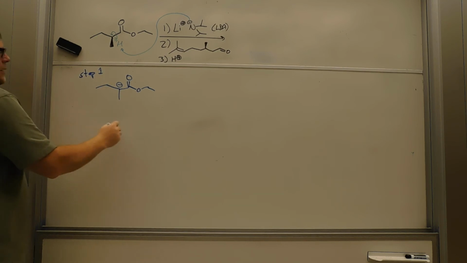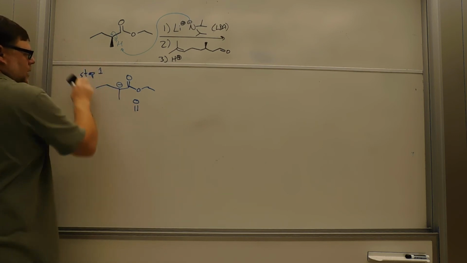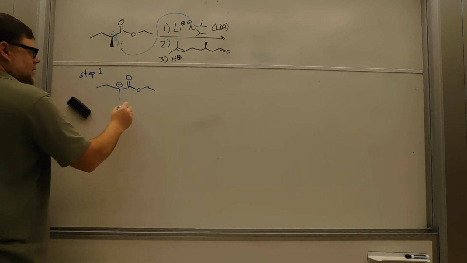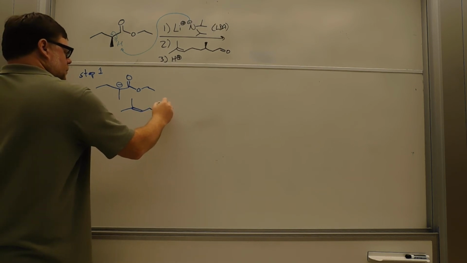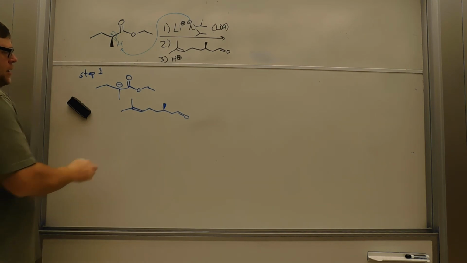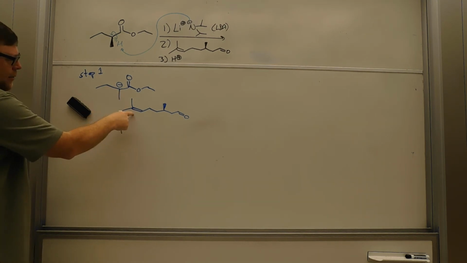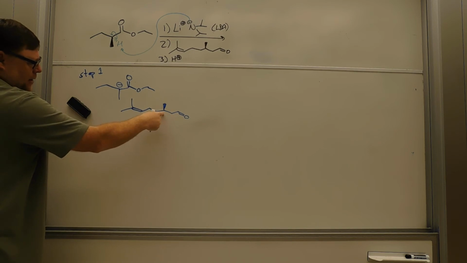Step 2 then presents an electrophile. And to keep the stereochemistry the same, I better keep it the same. Okay, so enolates aren't going to do anything with alkenes. That chiral center is not on an alpha carbon, it's on a beta carbon.